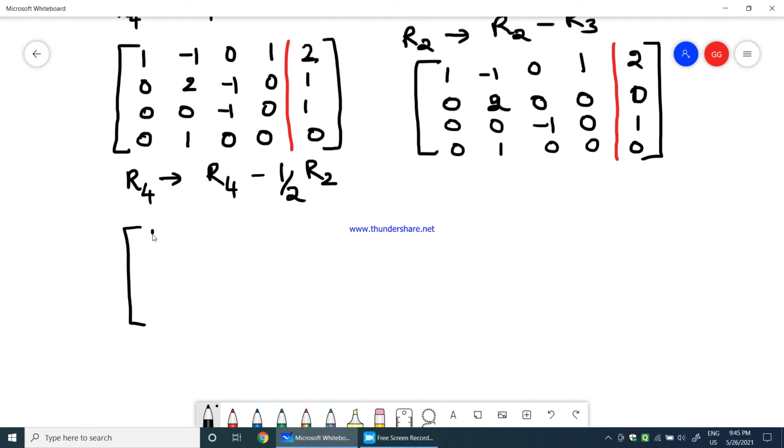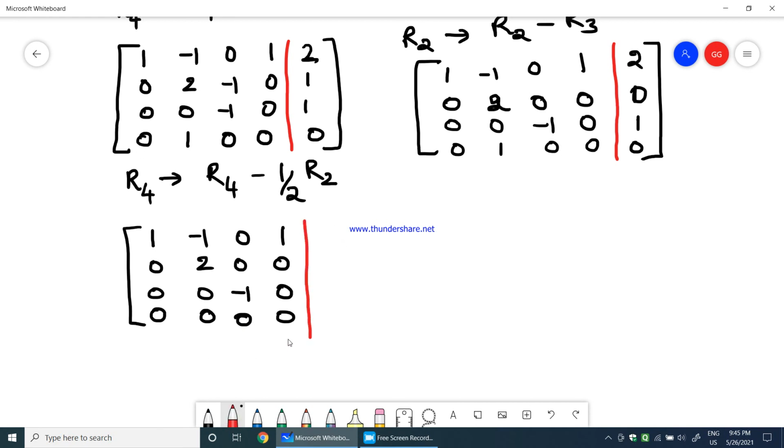It is 1 minus 1, 0, 1, 0, 2, 0, 0, 0, 0, minus 1, 0. So R4 is 0, minus half of 0 is again 0. So R4 is 1 minus half of 2 is 1. So 1 minus 1 is 0. 0 minus 0 is 0. 0 minus 0 is 0. So therefore finally I get this to be 2, 0, 1 and 0.